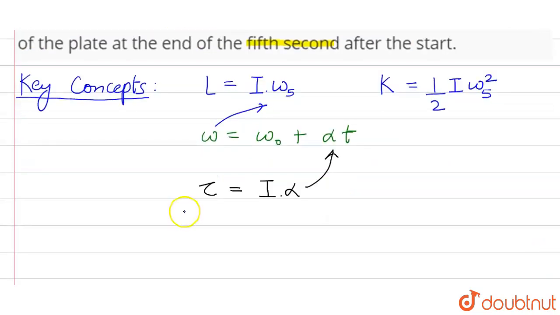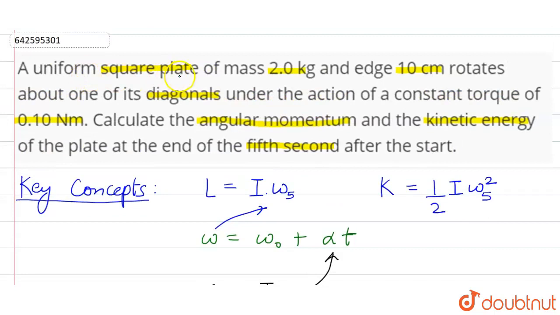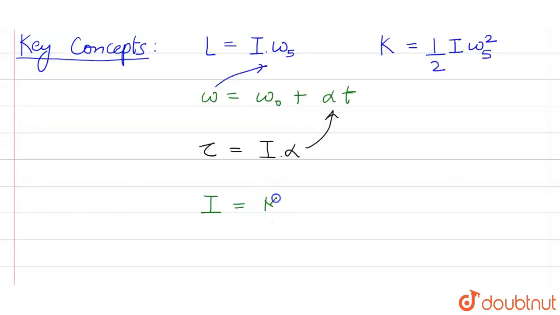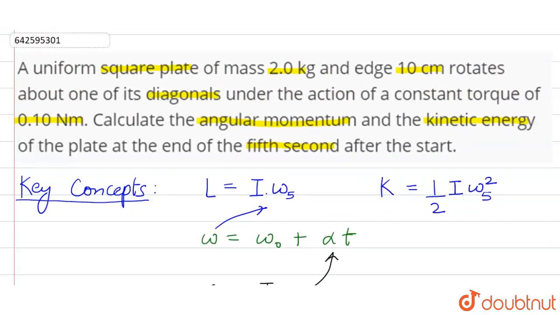Now let us proceed first to find moment of inertia, because to find alpha we need the moment of inertia. The moment of inertia for a square plate rotating about one of its diagonal is given by m L square by 12, where m is the mass and L is the edge length. In the question, mass is 2 kg and edge length is 10 centimeter, so we need to convert this centimeter into meter.